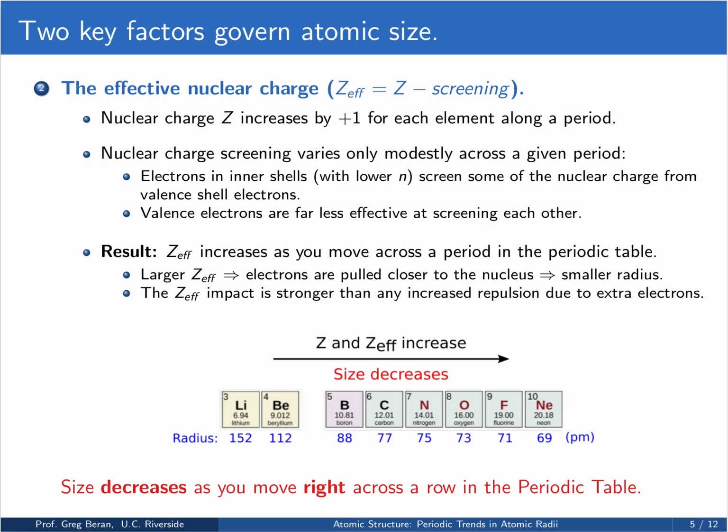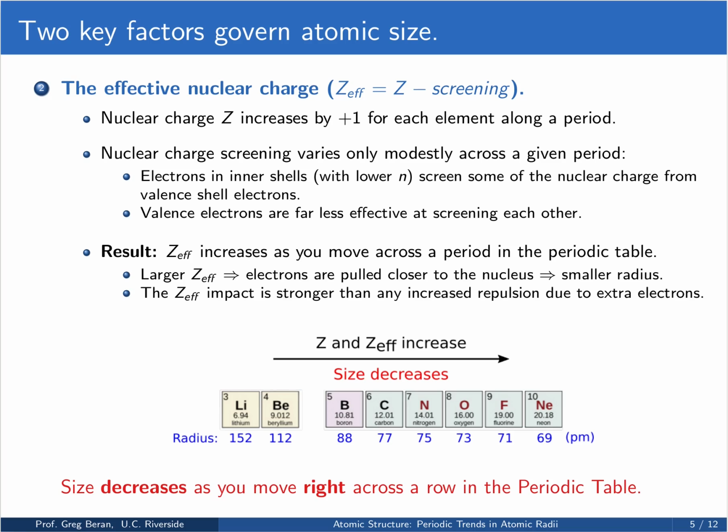The larger Z effective is, that is, the larger the effective charge that's felt by those valence electrons, the more strongly they're going to be attracted to the nucleus. So that's going to have the effect of shrinking the atom. It's going to pull those electrons closer to the nucleus. So as you move right across the period, you're going to get the atoms shrinking.